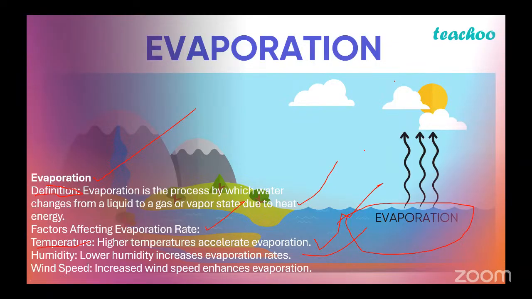These three are the affecting factors. Evaporation will occur, and due to the evaporation, water vapors will be transported and will form the clouds, or air moisture clouds.